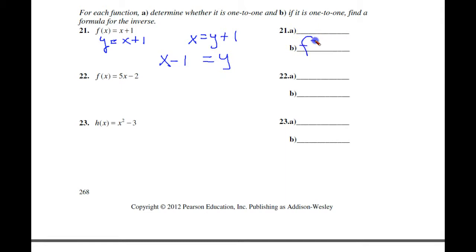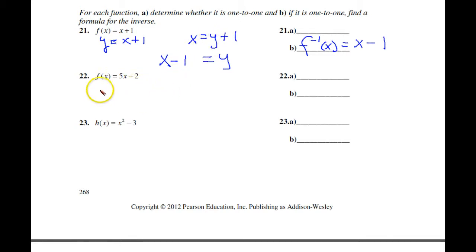So f inverse equals x minus 1. So this is the standard function, and then this is its inverse. And we solved it by changing the function symbol to a y, switching the y and the x around, and then solving it for y.